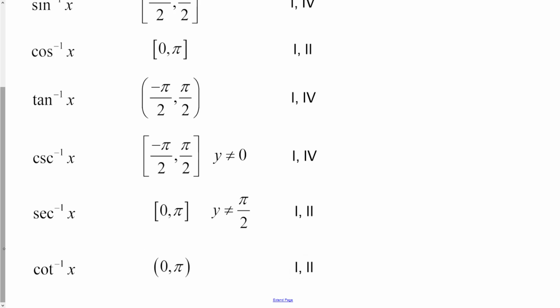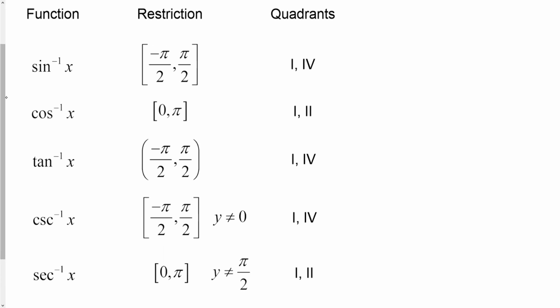So I think of these in terms of groups. When I'm getting answers for these functions, arcsine, arccosecant, and arctangent are all grouped together and give answers in quadrants 1 or 4.